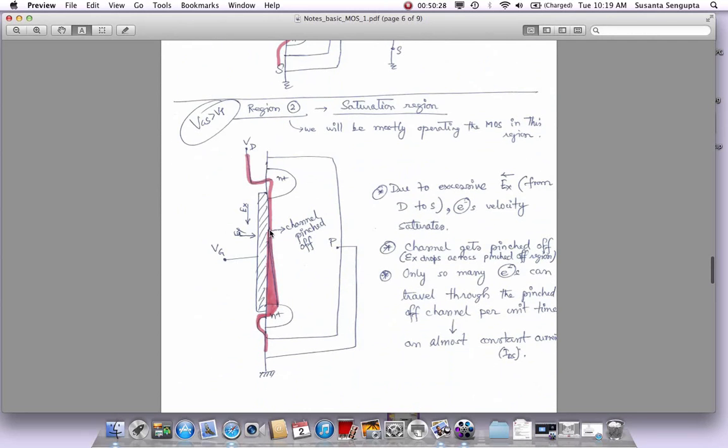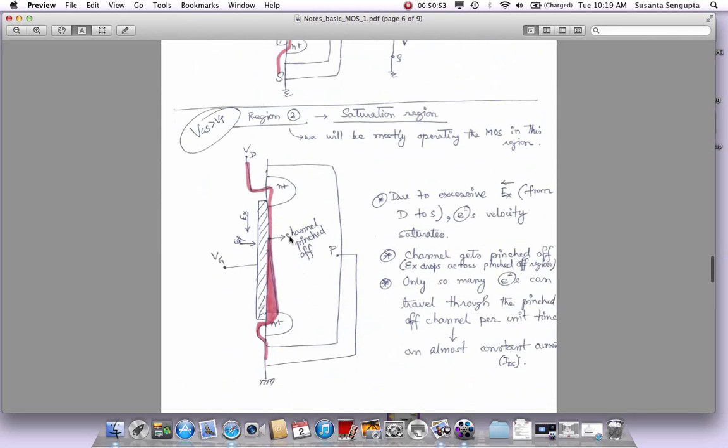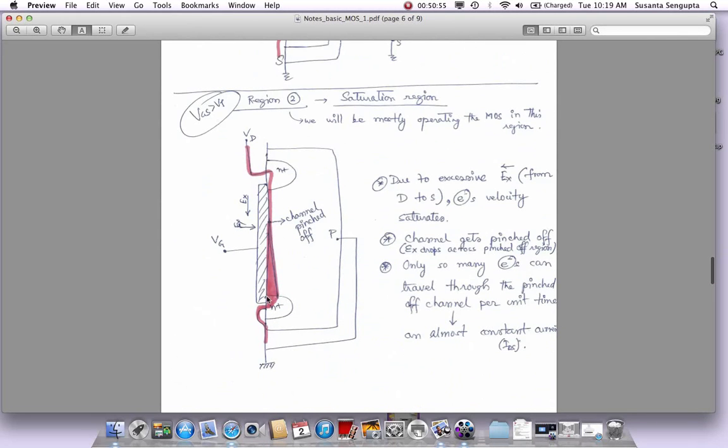Also, certain other things happen when this happens. We call it the channel trying to get pinched off. Due to this excessive electric field, as we said, the electrons undergo velocity saturation. When the velocity saturation happens, this channel, which was a rectangular channel from source to drain, now starts to get pinched at this end of the rectangle, and it becomes more like a triangular region here, where all the carriers are in this red region.